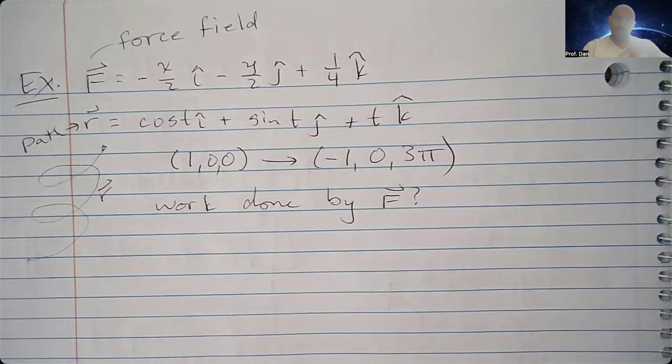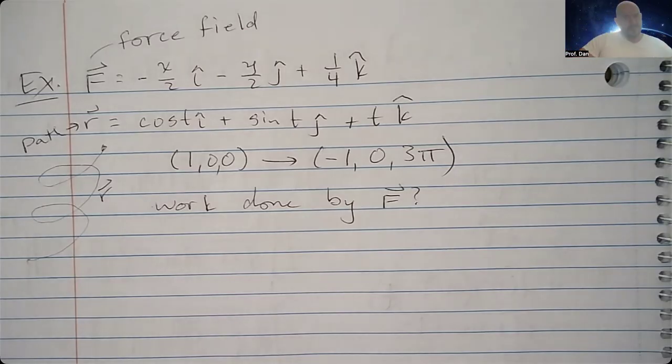So back in Cal 2, you learned how if you have a variable force in one variable, you could calculate the amount of work done over an interval, right? And usually that interval would be with respect to time or even x distance in one direction, right?